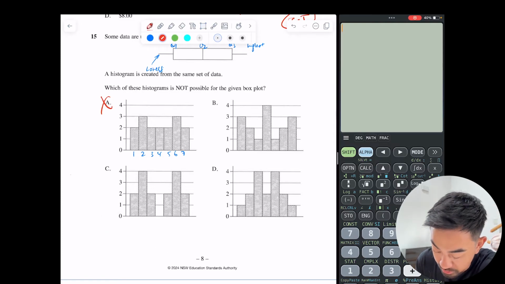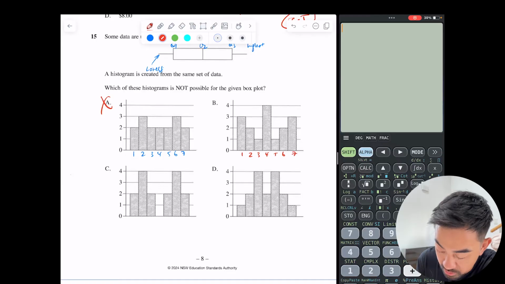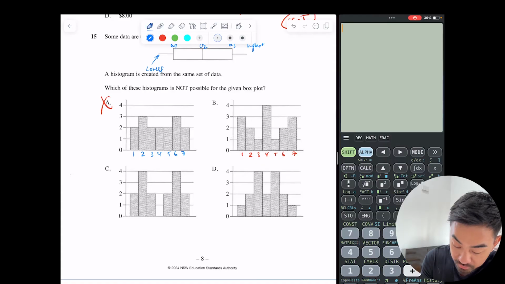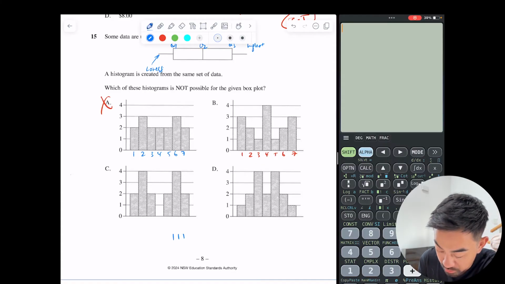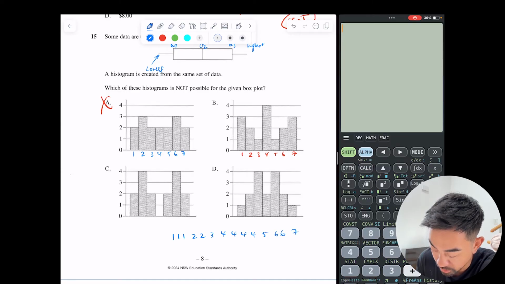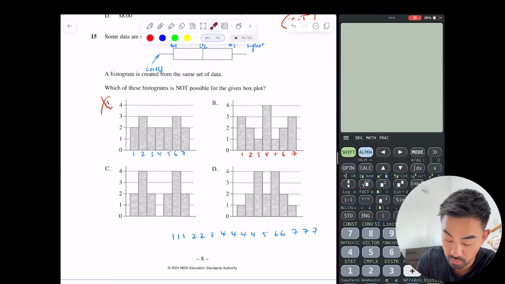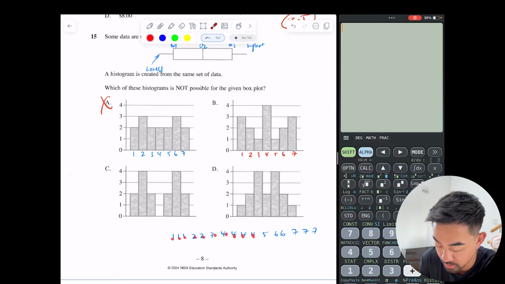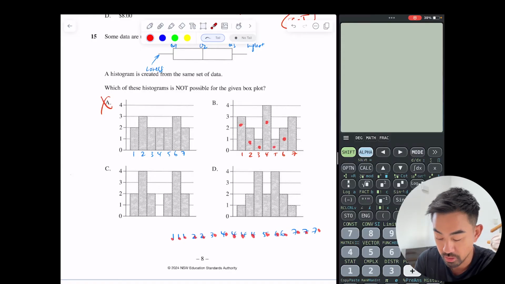So B, what is there? Let's say 1, 2, 3, 4, 5, 6, 7. So there are 3 ones, 2 twos, 1 three, 4 fours, 1 five, 2 sixes, and 3 sevens. Alright, so let's make sure I got 16. 3 plus 2 is 5, 6, 10, 11, 13, 16.